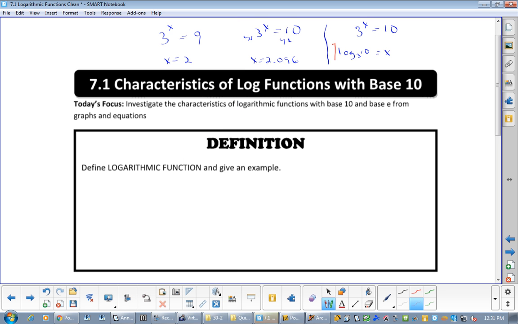This is the real answer. Log base 3 of 10. If you're going to launch something to the moon, you better go to 20 decimal places, or else you're going to miss the moon. So the 2.096 is just an estimate. But log base 3 of 10 is the exact value of x. So now we can find exact values of exponents.